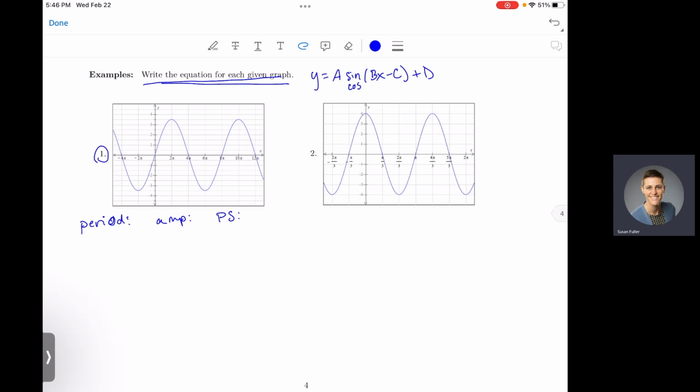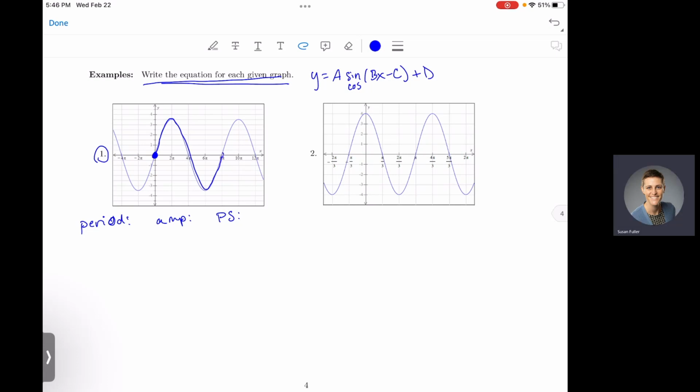So let's figure out what the period of this function is. Again, the period is the time that it takes horizontally, like the distance, I suppose, horizontally, for this function to complete a whole cycle. I think it's easiest to start at 0. If we start at 0 and we start tracing our function, how long does it take for this thing to finish the whole cycle and start over again?